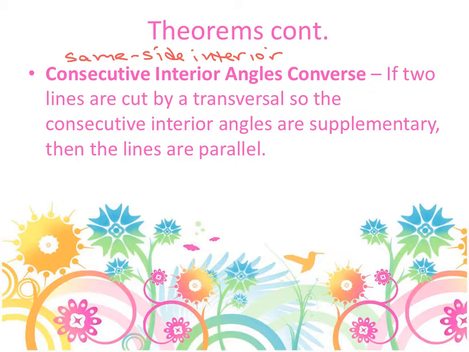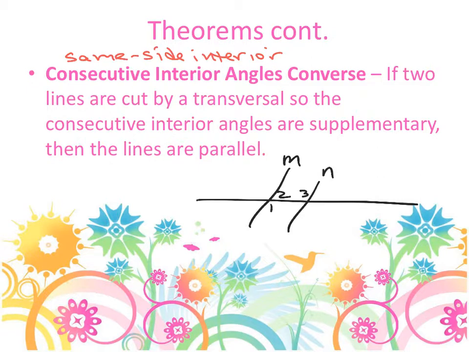So again, I'll draw you a figure. I've got two lines here. We'll call them M and N. Draw in my transversal. And let me just label my interior angles here: 1, 2, 3, 4. So here, let's say in my picture, I told you that angle 2 was 60 and angle 3 was 120.